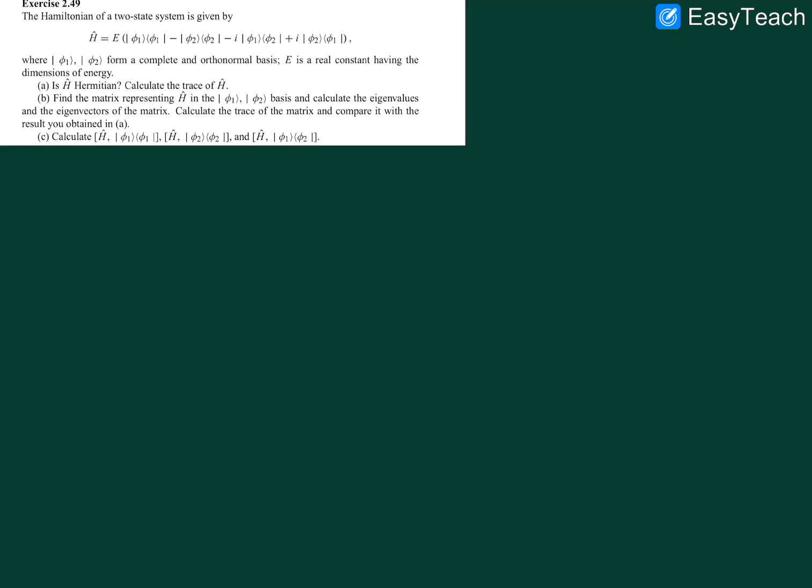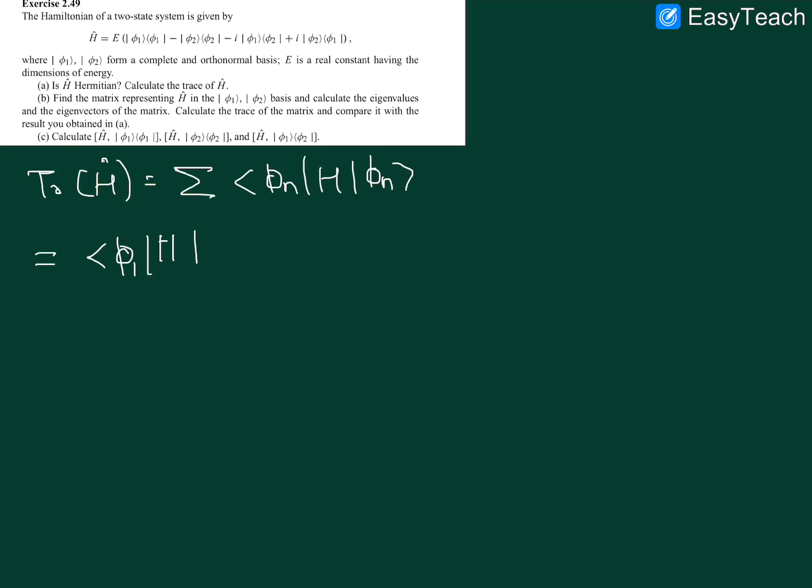Now we have to calculate the trace of this operator. By definition, the trace of H is the summation over n of phi n H phi n, that is phi 1 H phi 1 plus phi 2 H phi 2.